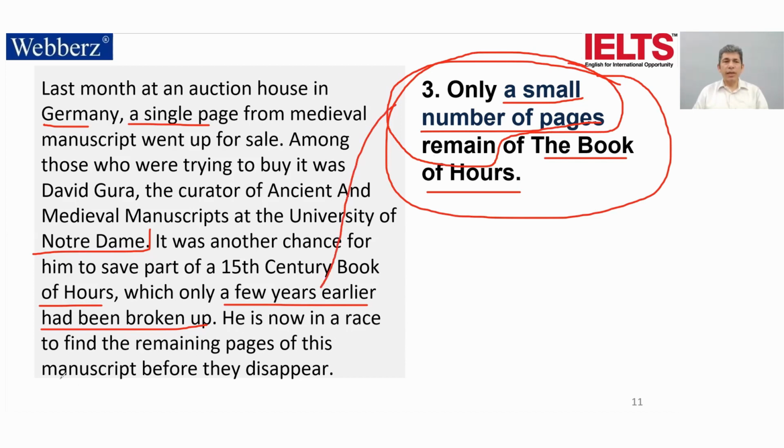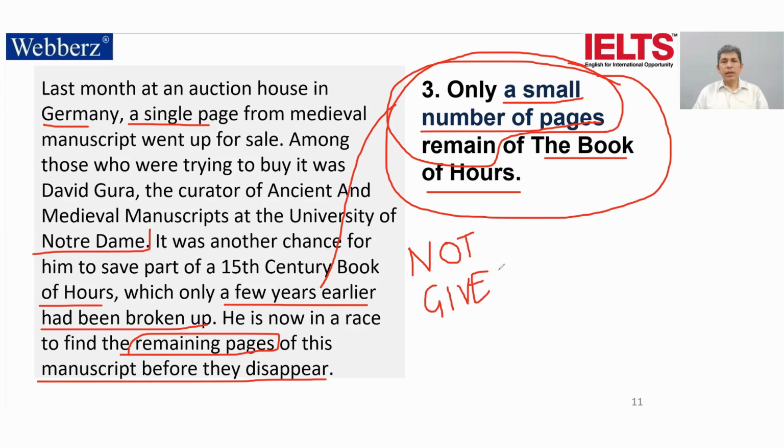He is now in the race to find the remaining pages. Now, if the remaining pages are actually there or not, we don't know. Of this manuscript before they disappear. So my answer here, I'm unable to find out anything. It is not given.